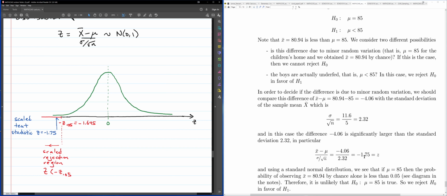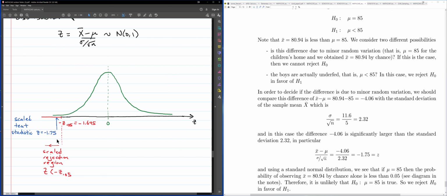And the minus 1.75 is a z value in your standard normal. I have it indicated over here with this blue arrow. So what you want to notice is that this minus 1.75 is actually far from the zero over here in terms of a standard normal.